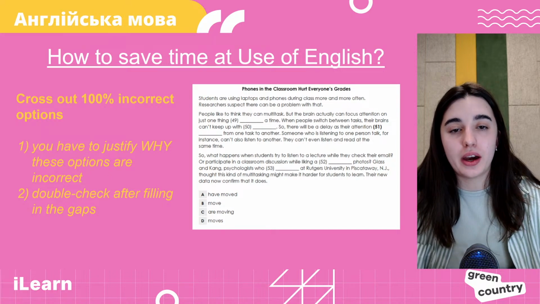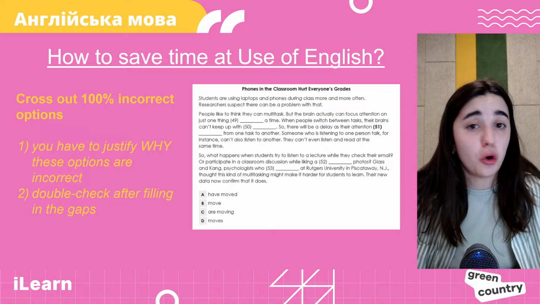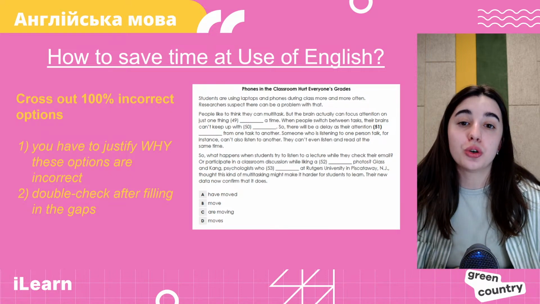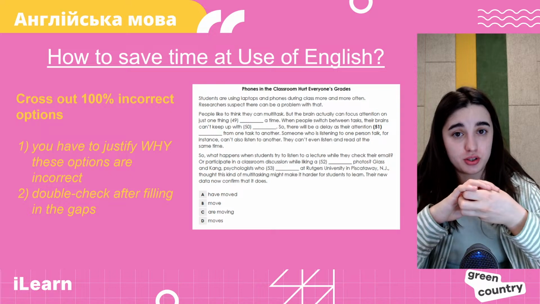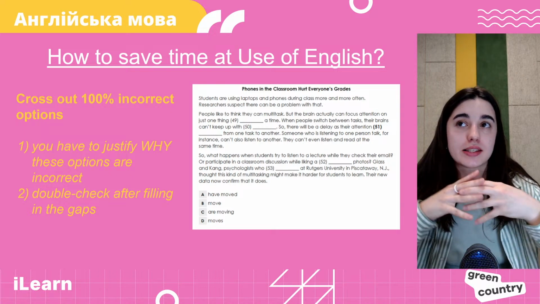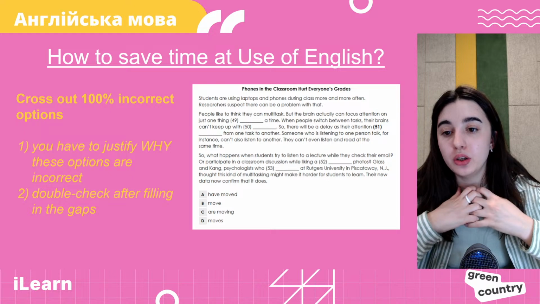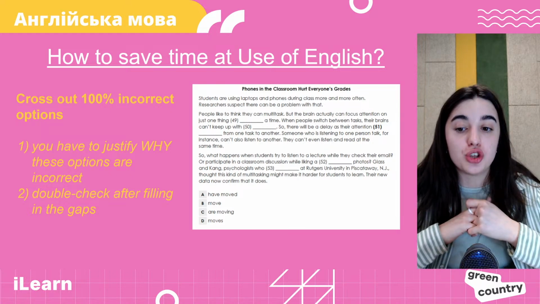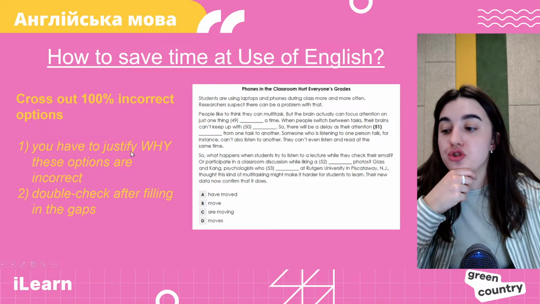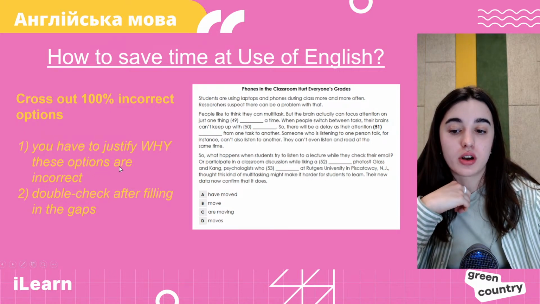And when you have panic and sometimes can't cope with it, your task is to minimize your options, to make this task as easy as you can. But when you cross out these incorrect options, you have to justify why these options are incorrect.